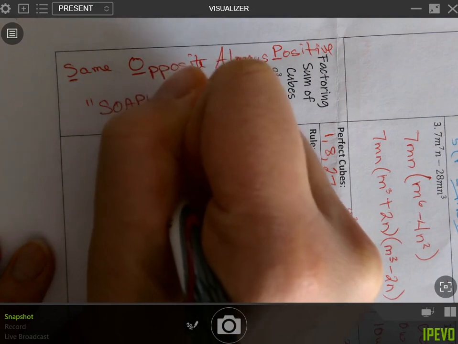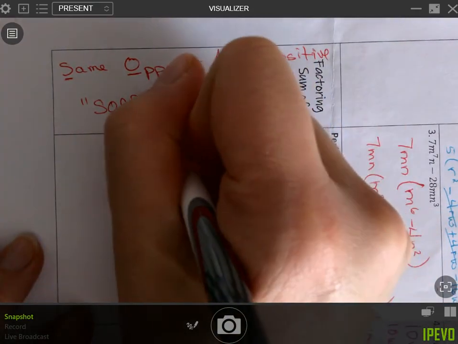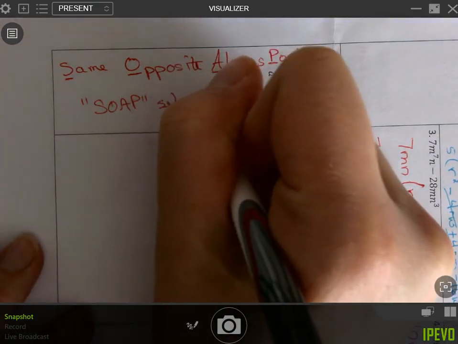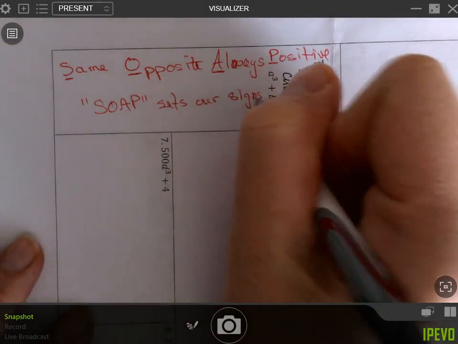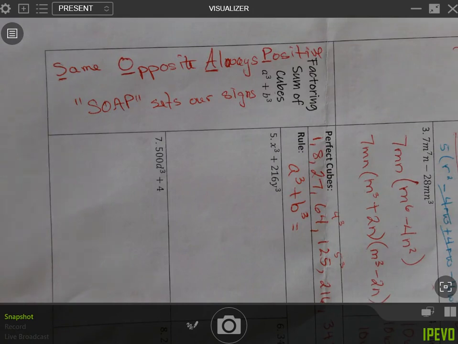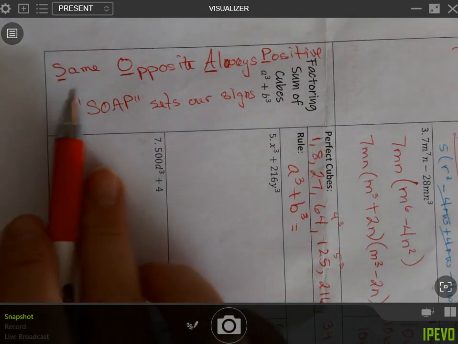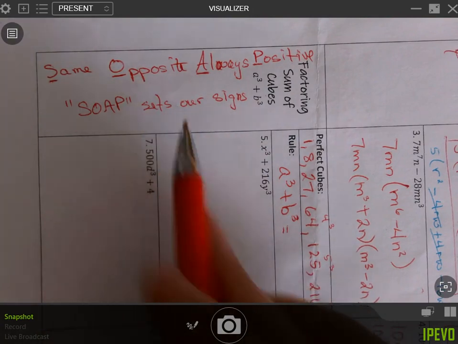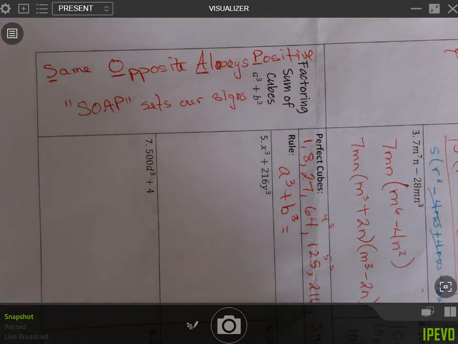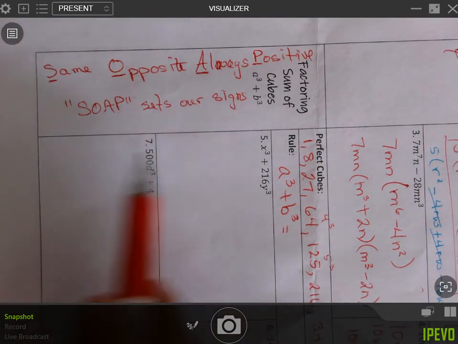So the acronym SOAP helps us set our signs. I'll explain that in a second, but write that down. Same, opposite, always positive. I'm talking about the signs as in positive or negative. Okay? Got it?